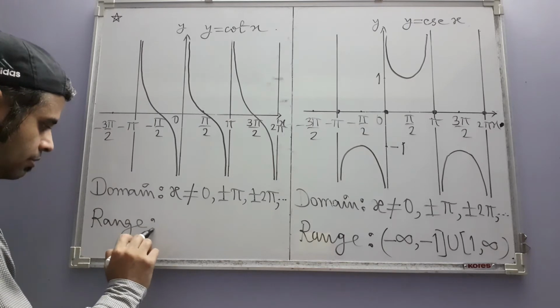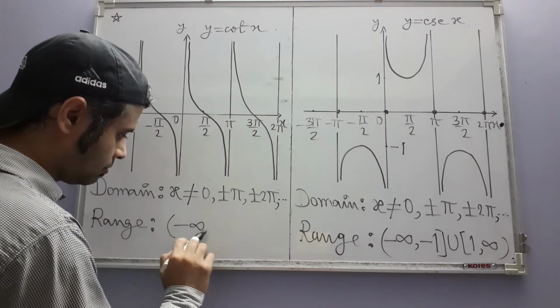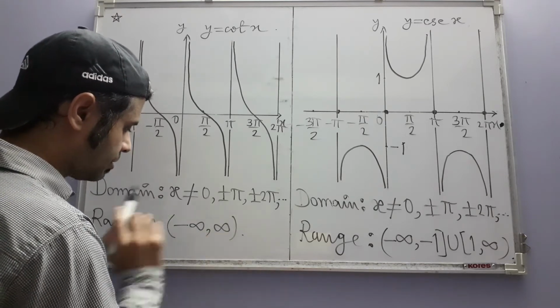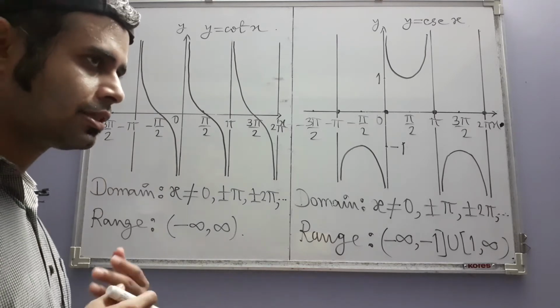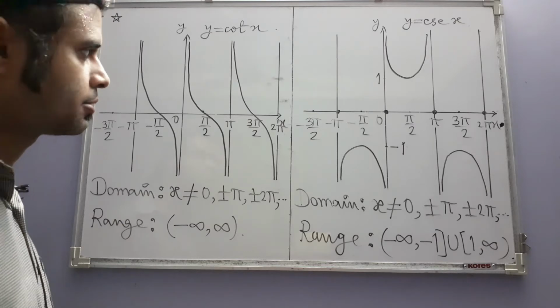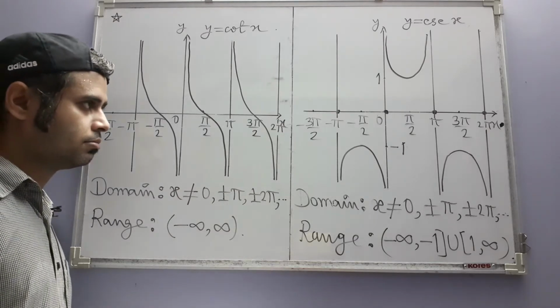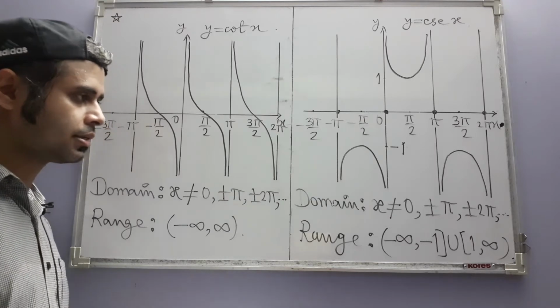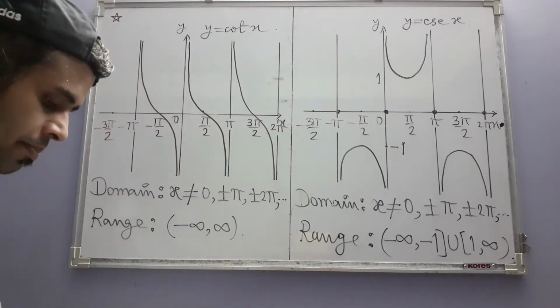The range, however, just like tan x, is the entire set of real numbers, because tan x gives us all the real numbers, so its reciprocal also will give us all the real numbers. So these are the graphs of the 6 basic trigonometric functions with x as a radian measure of some angle.